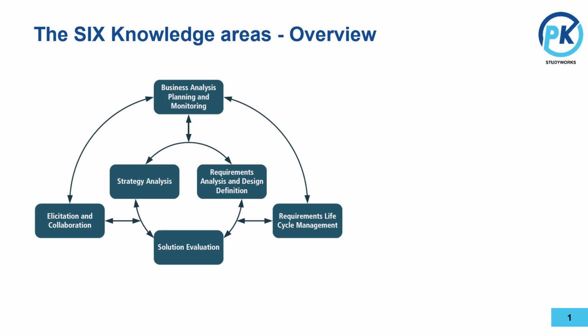Now, every knowledge area is a chapter in the BABOK guide, and each knowledge area has multiple tasks. Most of these knowledge areas have 5 tasks, except for strategy analysis, which has 4, and RADD, requirements analysis and design definition, which has 6. So altogether there are 30 tasks.